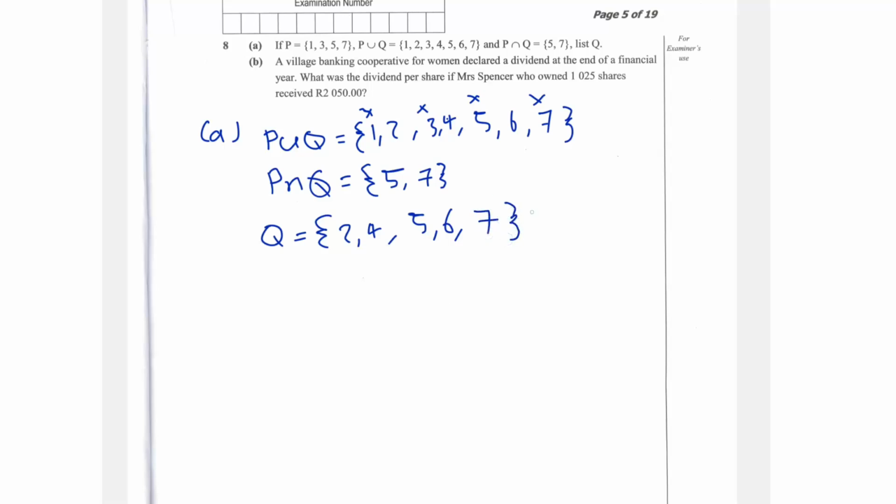So the set Q is 2, 4, 5, 6, and 7. We are done with this one.